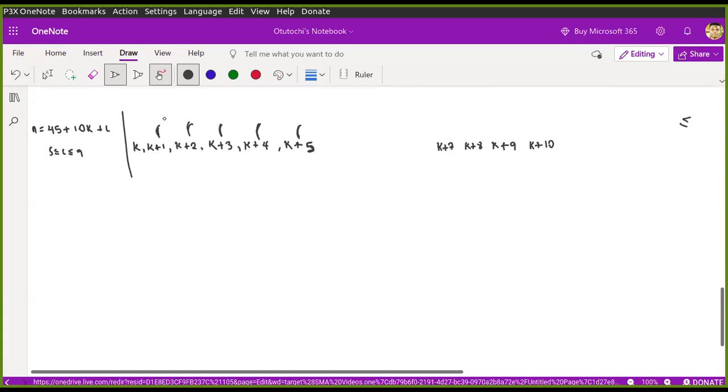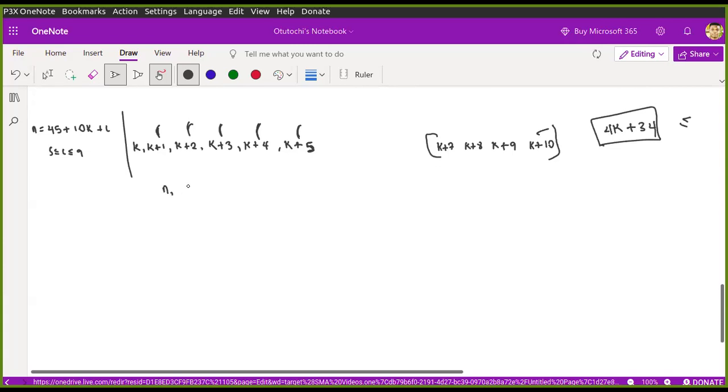But in this case, whatever L is, this still doesn't change, right? The sum is still 4K plus 34 if you add this up. And I'm proposing that we can get another distribution that will give us less than this, right? So similar to what we did, we'll try to prove by contradiction.